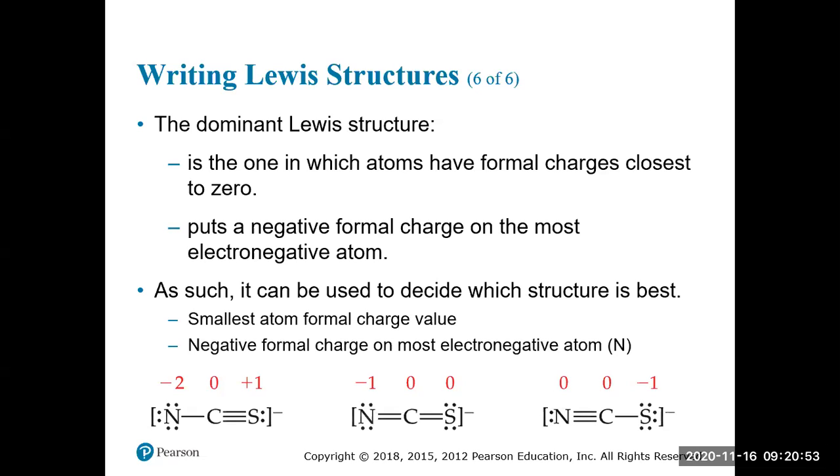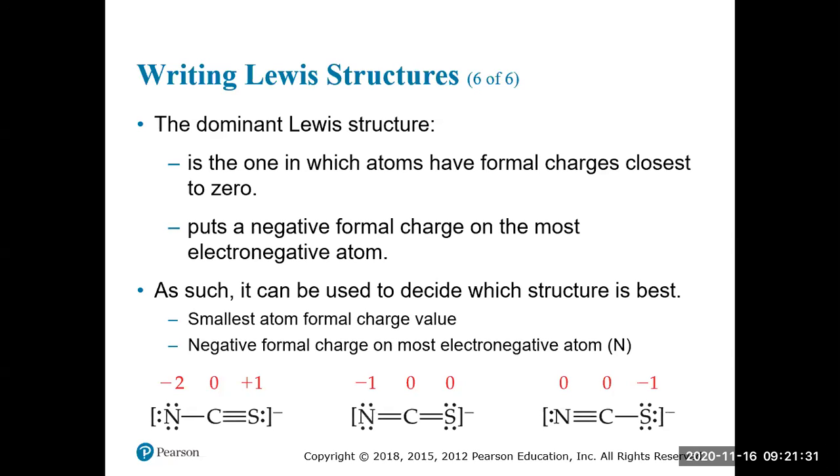Going back to that periodic table, which highlighted electronegativity, we remember that nitrogen was one of those elements in red for being more electronegative than other things. So if we have a configuration that has the formal charge more negative on the nitrogen, that's favored because that negative formal charge is now on the most electronegative atom of our choices here.